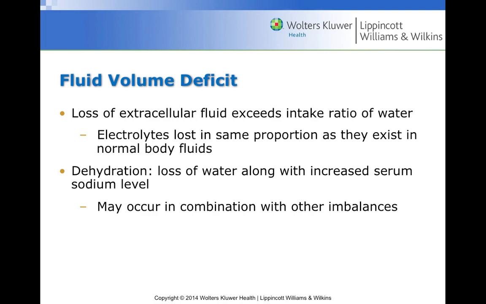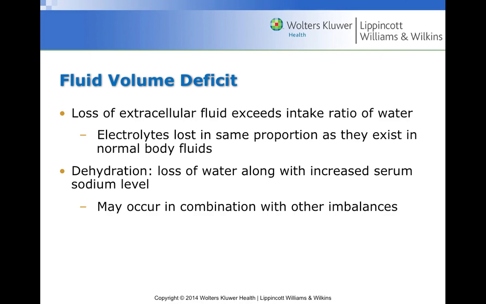Causes of fluid volume deficit include abnormal fluid losses, such as those resulting from vomiting, diarrhea, GI suctioning, and sweating. Decreased intake, as in nausea or lack of access to fluids, and third spacing fluid shifts, or that movement of fluid from the vascular system to other body spaces.